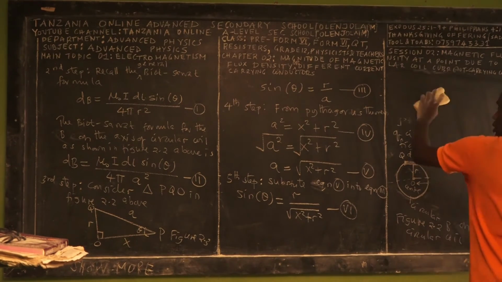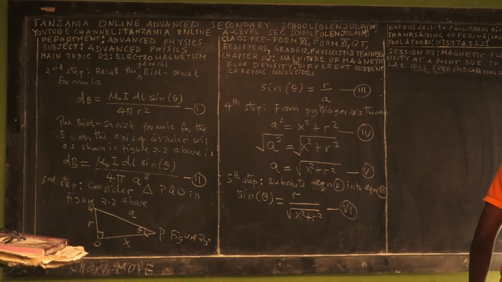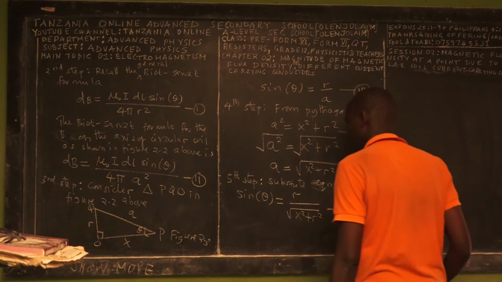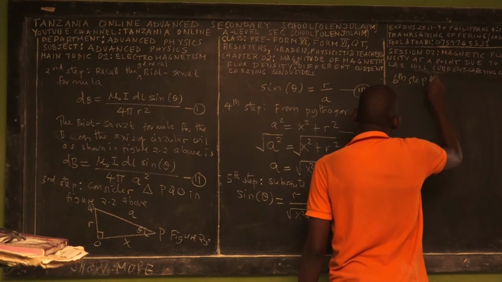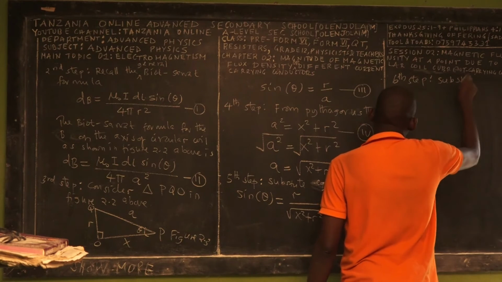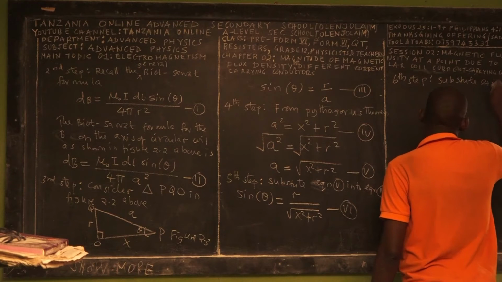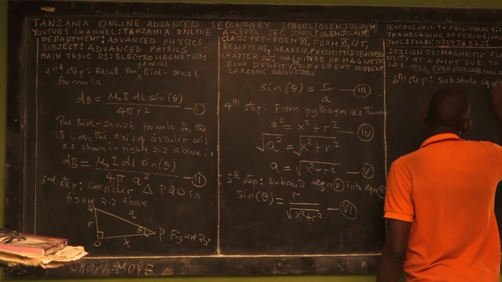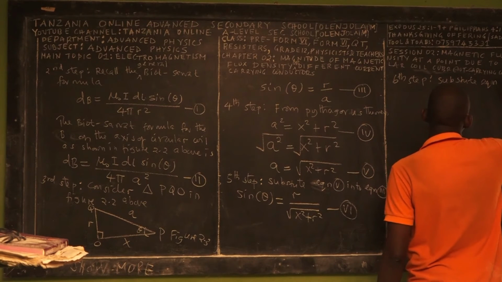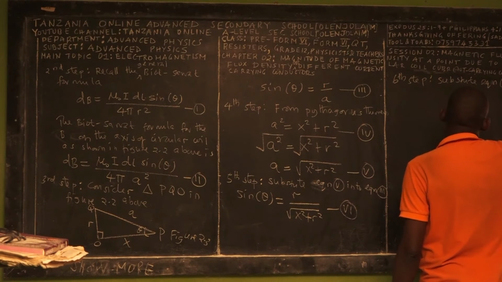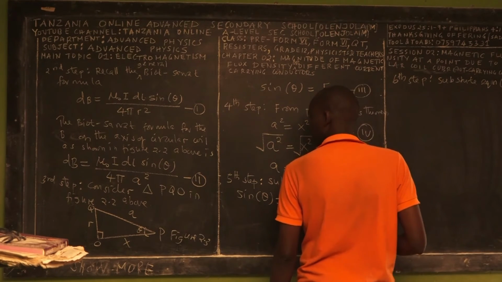There's a relationship between equation 2 and equation 6. So the 6th step: we may substitute equation 6 into equation 2.